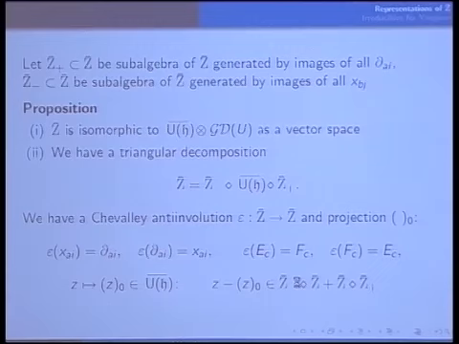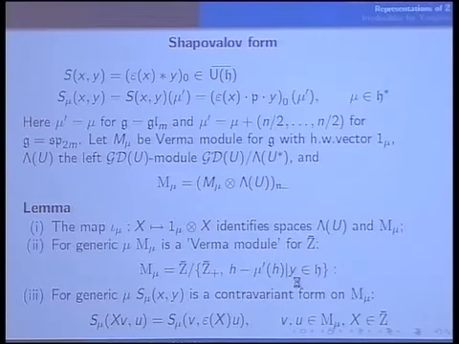It has an anti-involution, which is the composition of the anti-involution in the Lie algebra G and the Fourier transform in differential operators. Thus we can define the projection of this algebra to the Cartan subalgebra, like is usually done for semisimple algebras, and construct a Shapovalov form with respect to this projection. Namely, we take two elements, take their product inserting this projector, and project to the Cartan subalgebra.